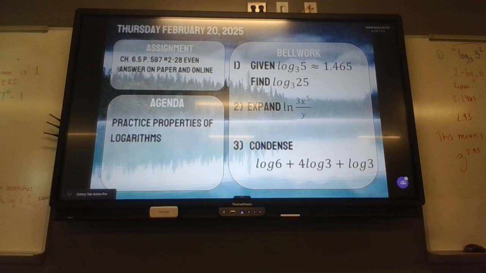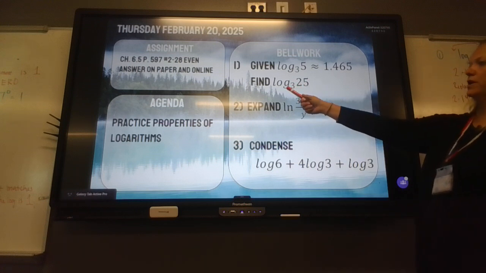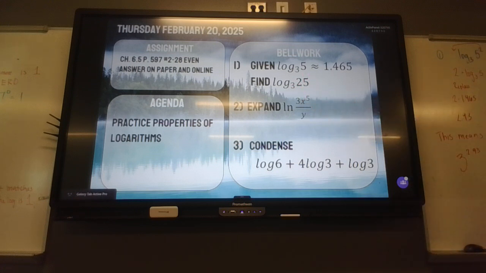We were supposed to be finding what power of 3 results in 25, and this is the answer we got. You can check it in a calculator, do 3 to the 2.93 and see if you get 25 out. So the answer is 2.93. 3 to the third is 27, so it's very close to 27.